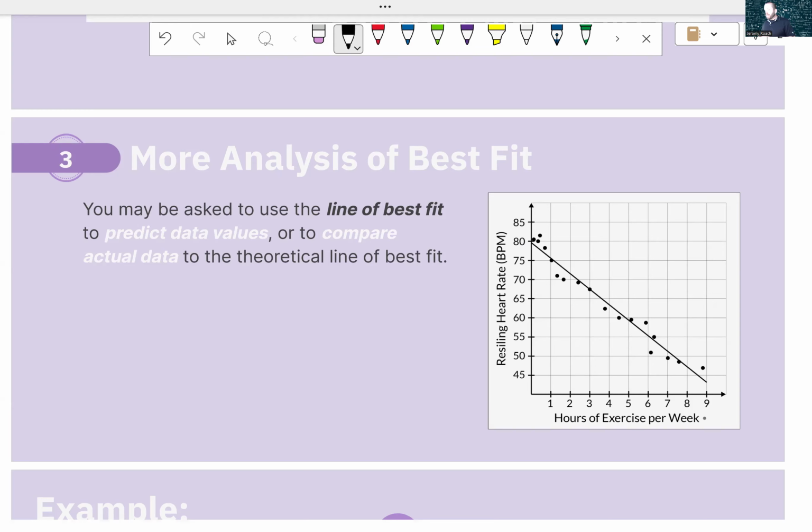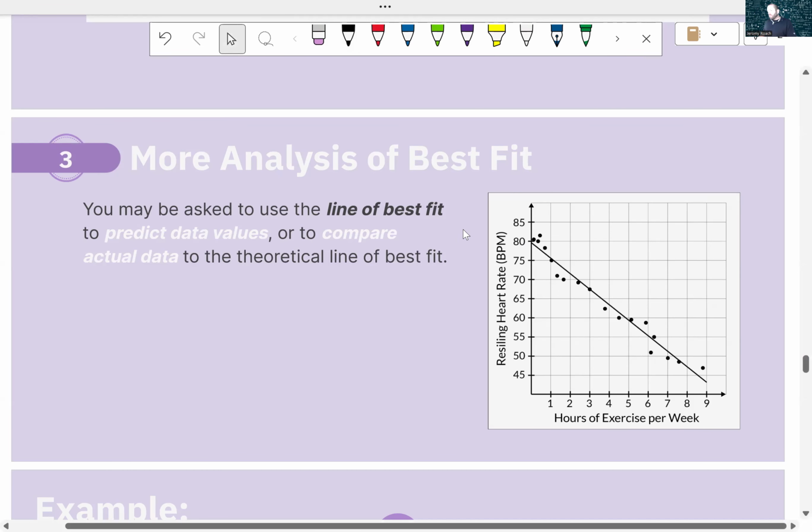Our resting heart rate is just what your heart rate is when you're sitting completely still. As your heart gets stronger, your resting heart rate should go down. And that's what's happening on this trend here.